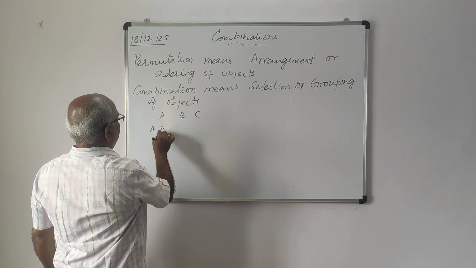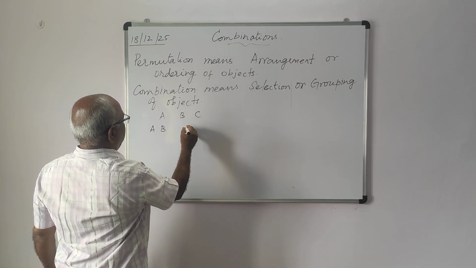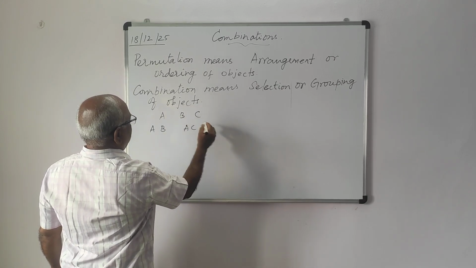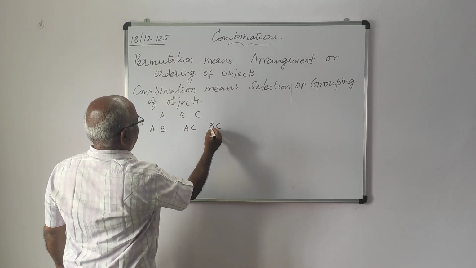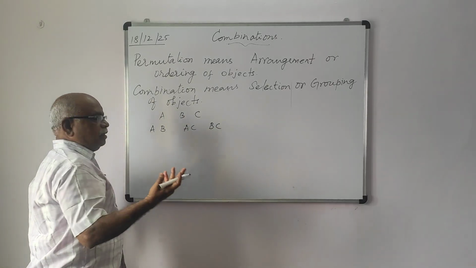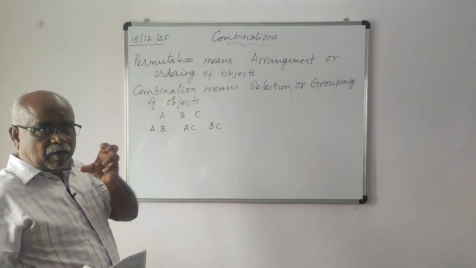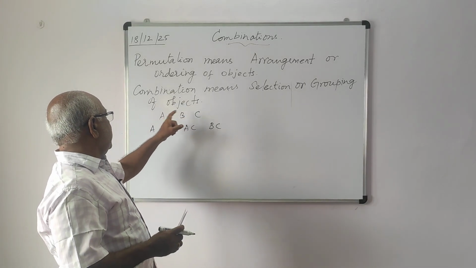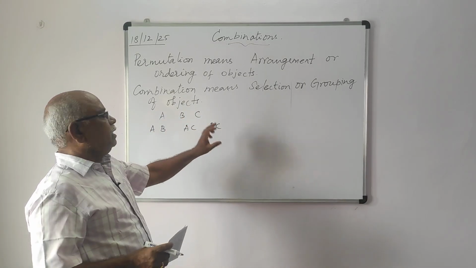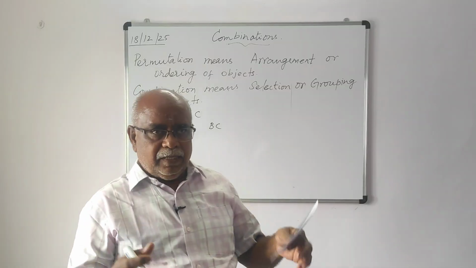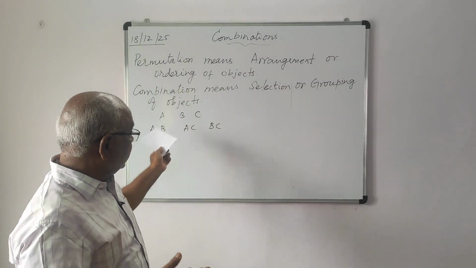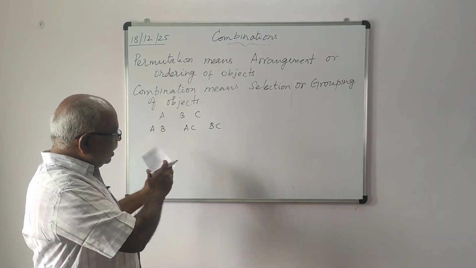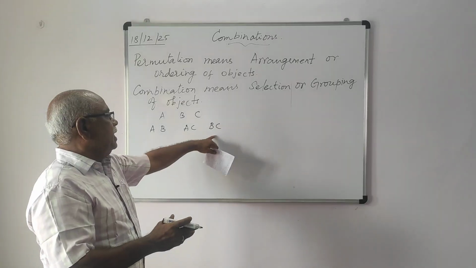AB, AC and BC. These are the selections. There is no other selection. Now grouping of objects: A and B, A and C, B and C. There are three selections only.